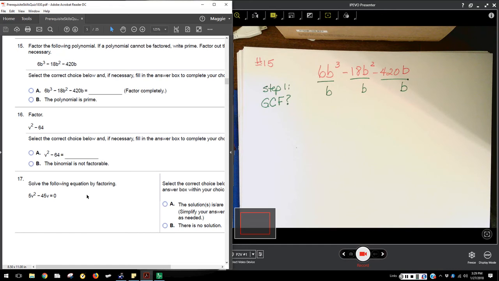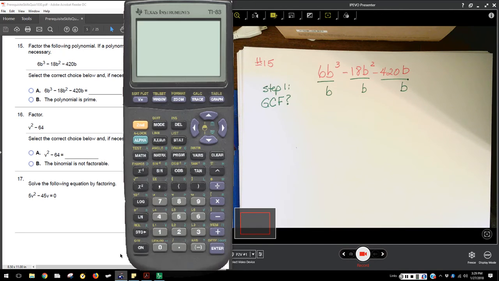Now, there's a lot of different ways to find the greatest common factors of three numbers. The first thing you want to do is ignore the signs of the numbers because you're only looking for the numerical factor. And if you're not aware of this, your calculator actually has a built-in routine.